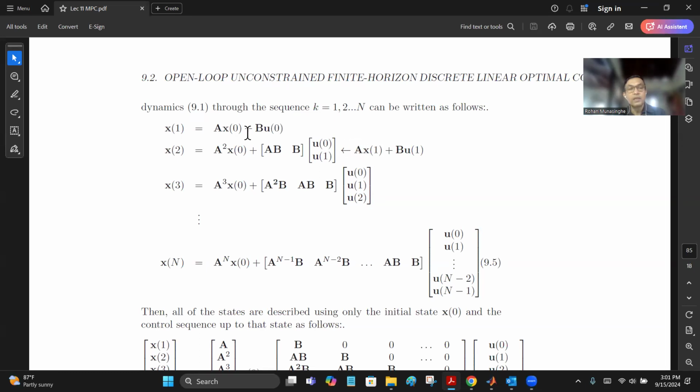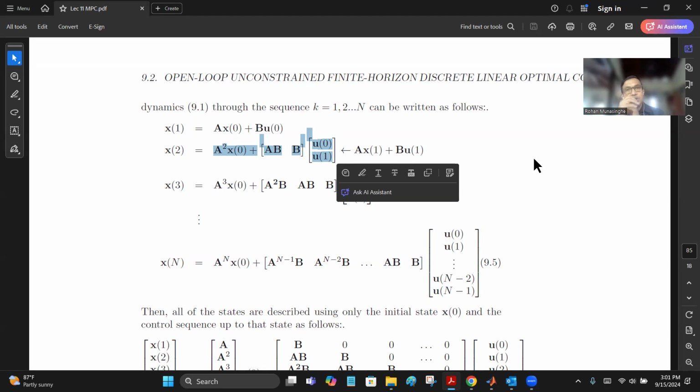When you do that, this a and this a multiply each other, they become a square x0. And then this a and this b multiply each other, a times b u0, and in addition to that, you have bu1. So you get to this expression, right?